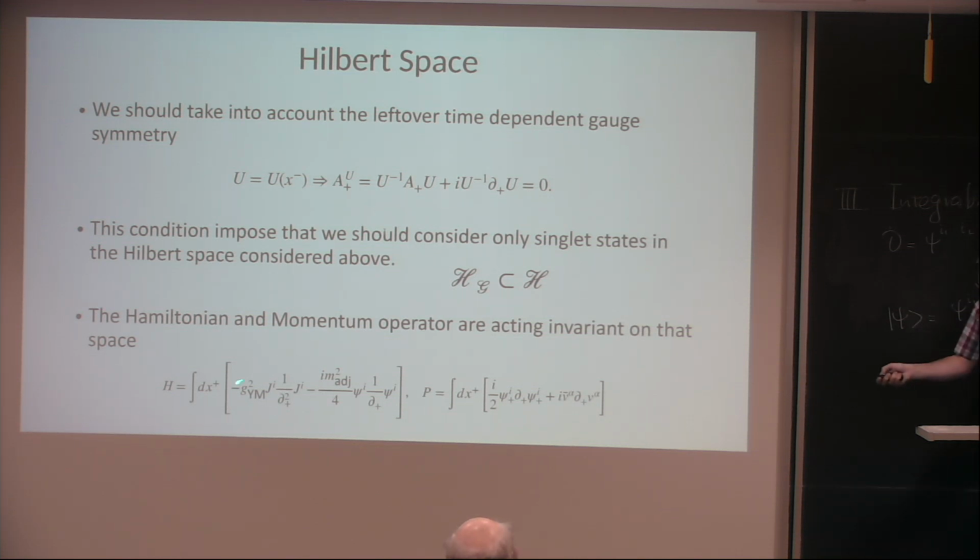And this term acts nicely in this space because singlets are annihilated by the current at zero momentum, so this term doesn't bring any troubles to us. And now we can study this model, construct this whole Hilbert space, construct this Hamiltonian, and study the properties of the spectrum as a function of this parameter, the mass of the adjoint fermion.